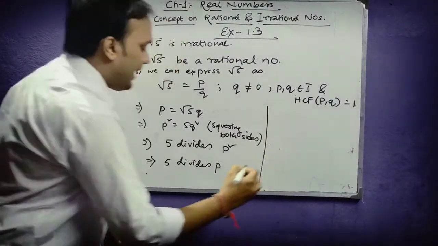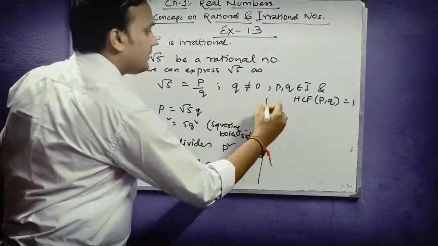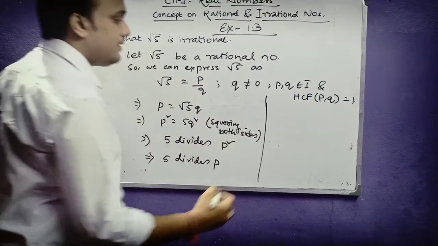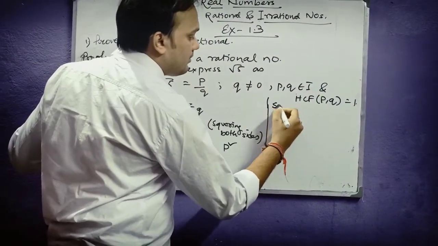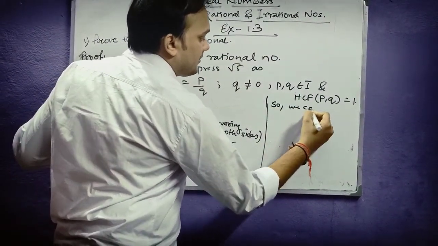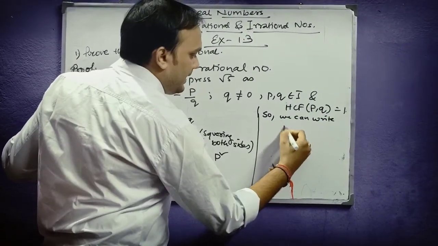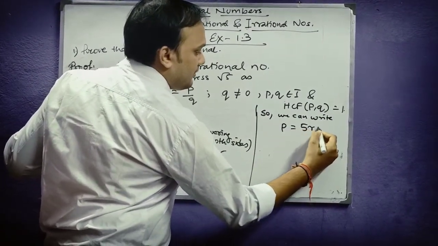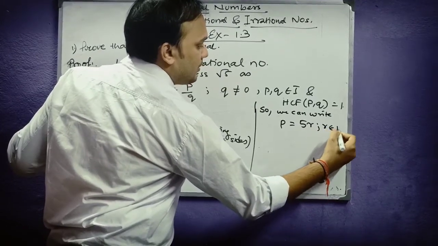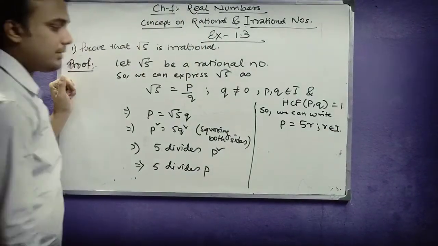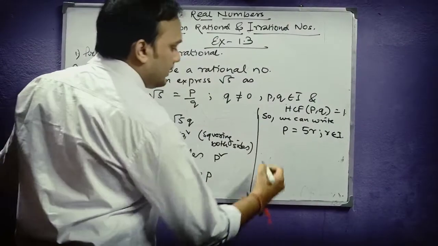Now if 5 divides P, we can write P equals 5R, where R is also an integer.